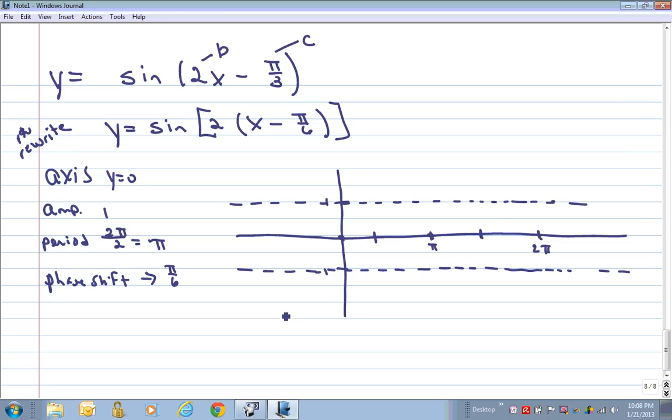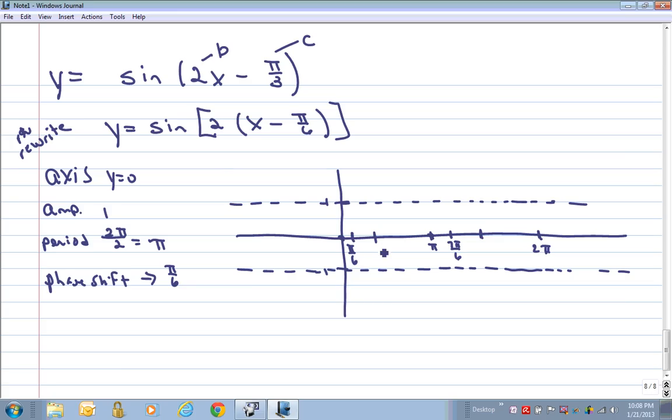So when we add pi over 6 here, we're going to have pi plus pi over 6. Well, 6 over 6 plus 1 more makes this 7 pi over 6. That's where it's going to end. And we're going to shift from 0 a distance of pi over 6. So it's going to be right here, pi over 6.